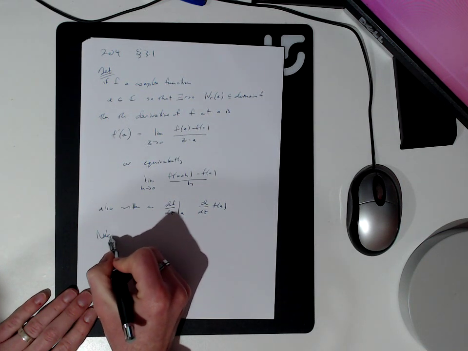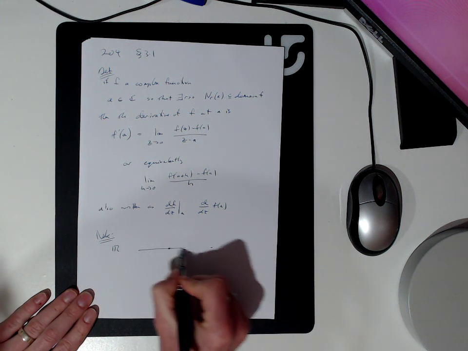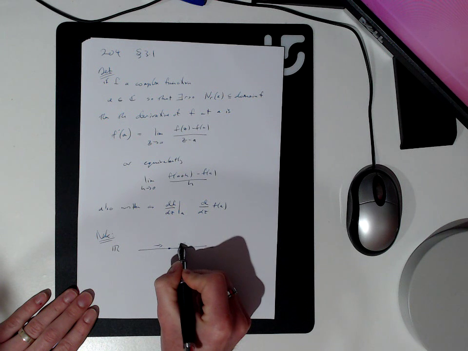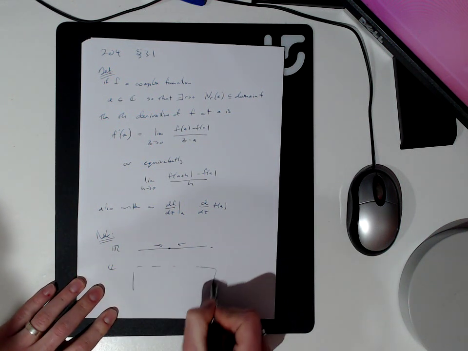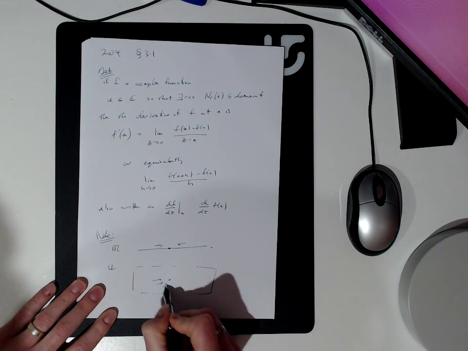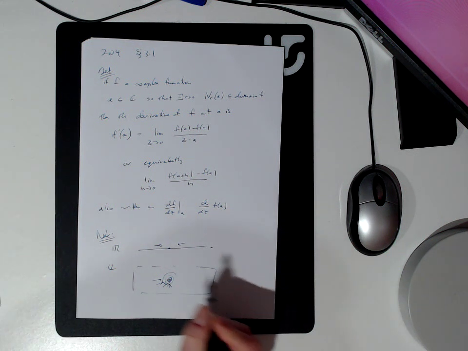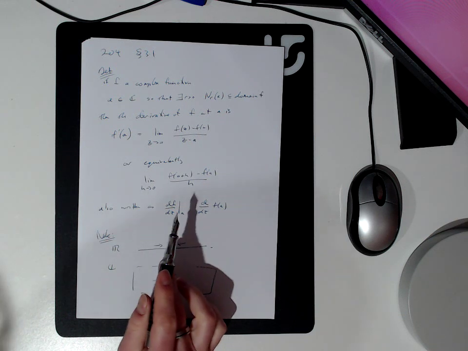Note, in R, when we're talking about derivatives, we only have two directions. In C, we now have a plane, and many possible directions; in particular we could take spirals and things. This says the limit as h goes to 0. It doesn't describe how h goes to 0.